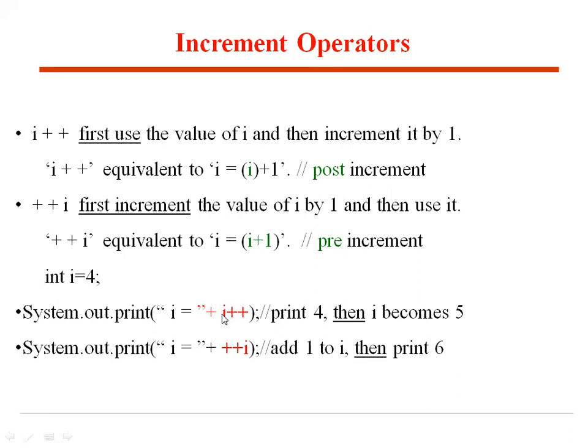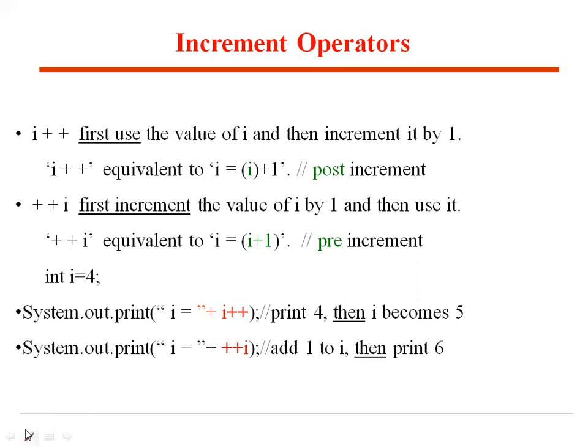First it uses the current value of i, which is 4, so it prints 4 first. The value is used first, then incremented. Afterwards, in memory, the value of i becomes 5.